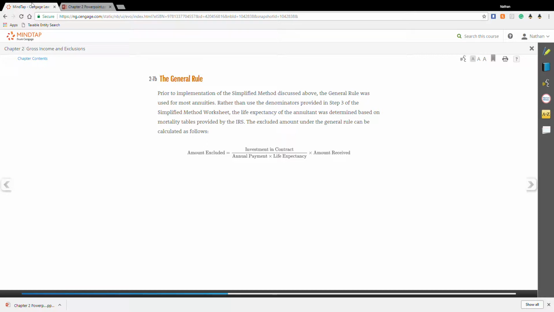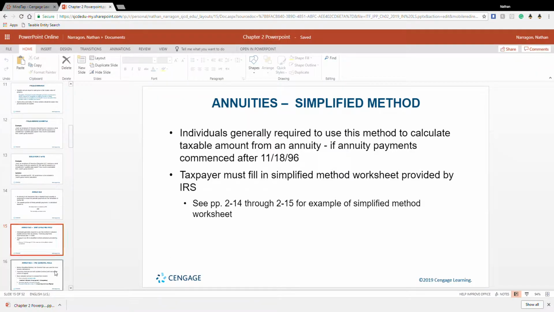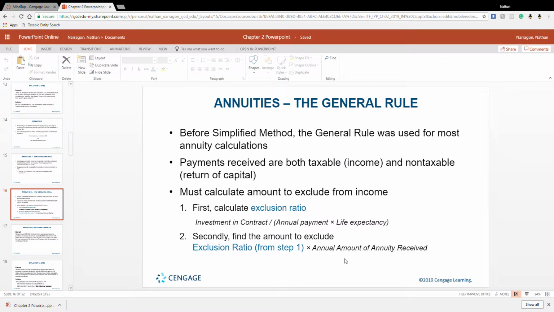And this is getting into the general rule. So let's see, the general rule. Before the simplified method, we had a lot more to do. We had the general rule, which was used for most annuity calculations. Payments received are both taxable and non-taxable return on capital.